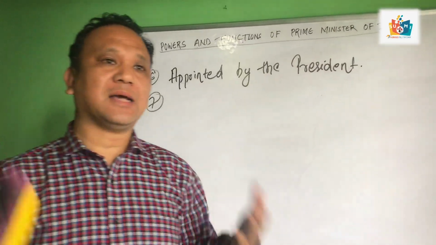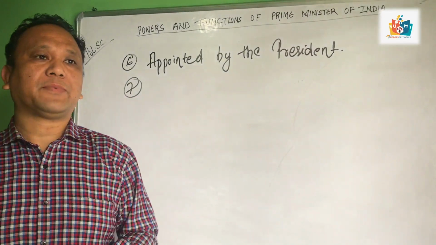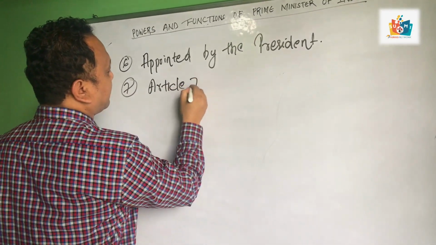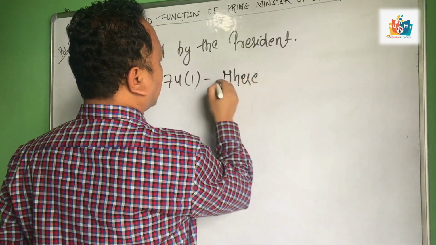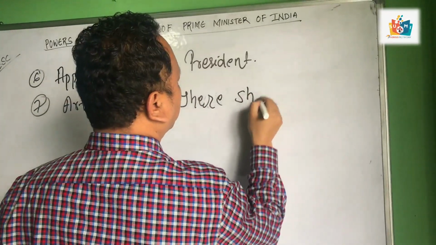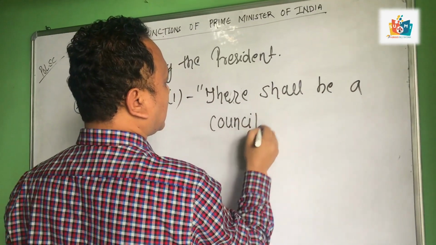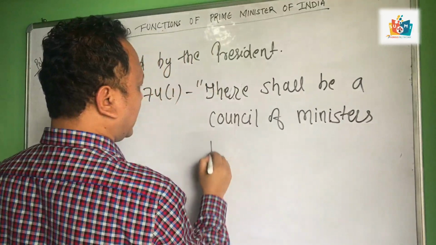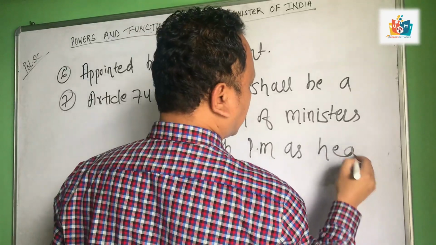And the last point, number 7. Our Constitution has described the power, role and functions of the Prime Minister, and according to Article 74 Clause 1, there shall be a council of ministers with the PM as head.